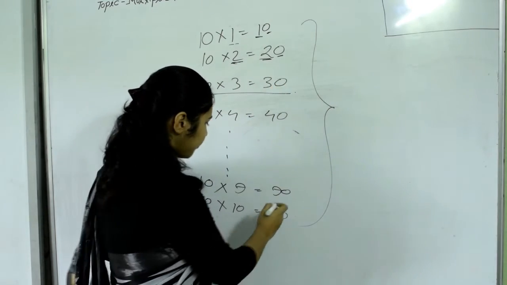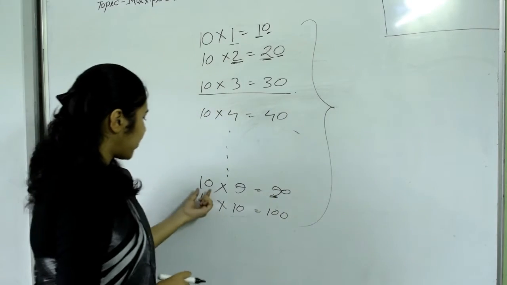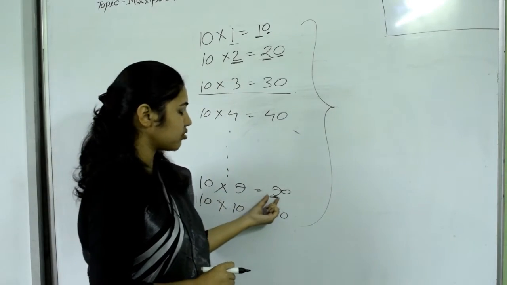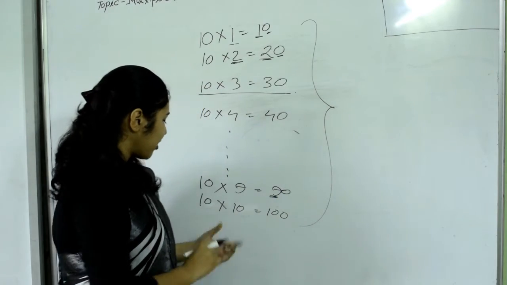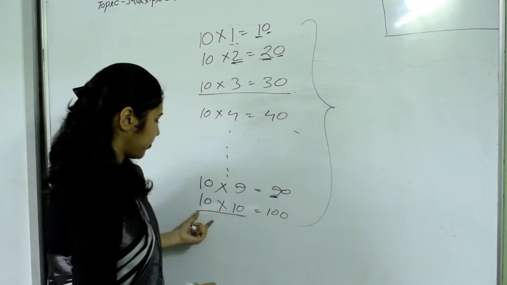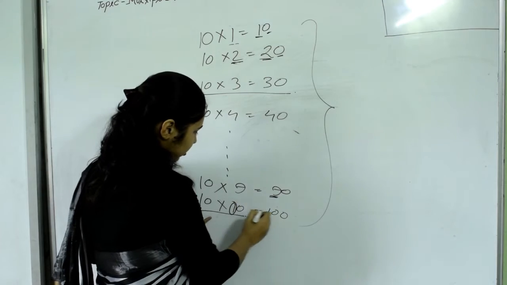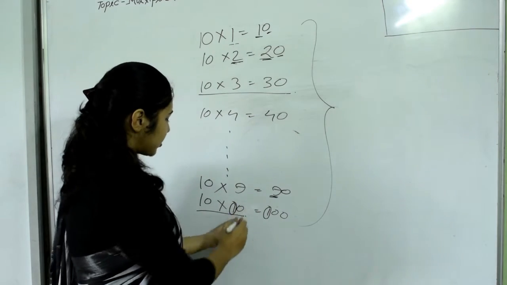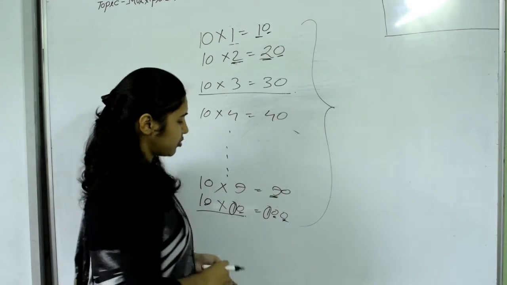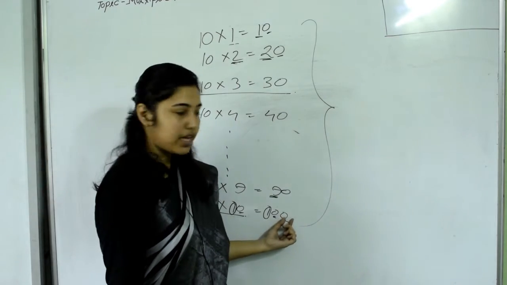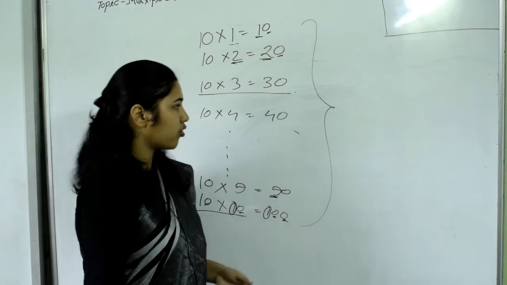For 90, here we are multiplying 10 and 9. Here we will get 9 and 1 extra 0. And for 10 into 10, first write this 1 and 1 0 and 1 more 0, which means in ones place and tens place. Okay?